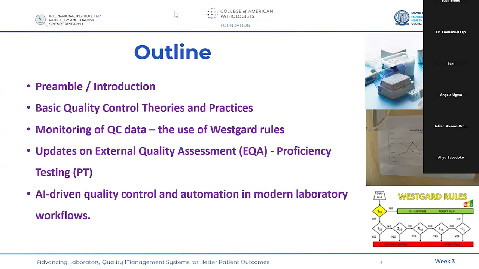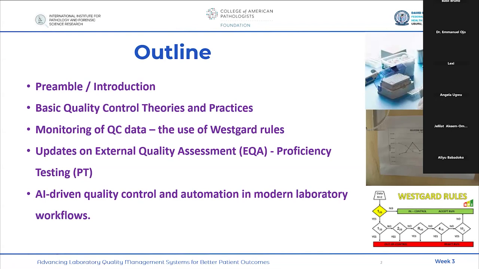In all of this, we'll be looking at the relationship of each of these concepts with the ISO 15189:2022 standard. And then we'll touch briefly also on AI-driven QC and its use in quality control program and automation in modern laboratory.